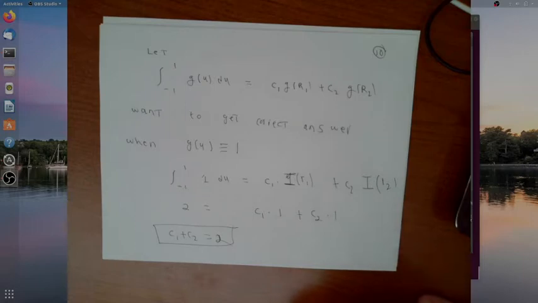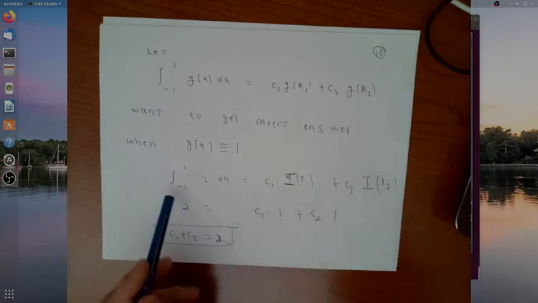I want to make sure that if my function g is the function that, you hand it an input and it returns 1 to you, that is integrated exactly correctly by my approximation method.